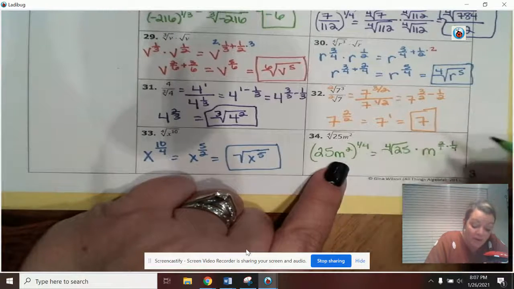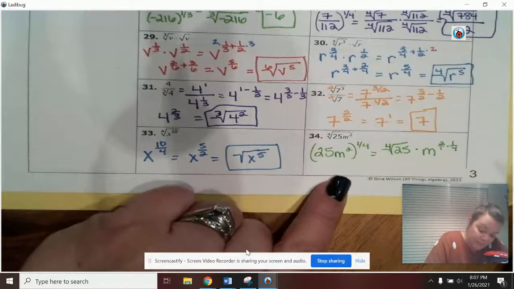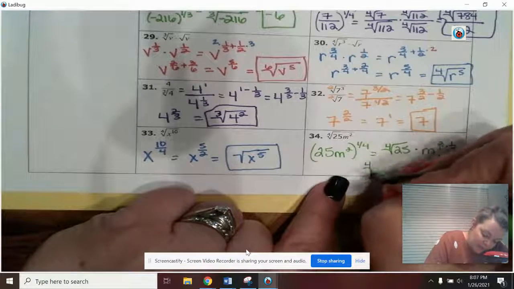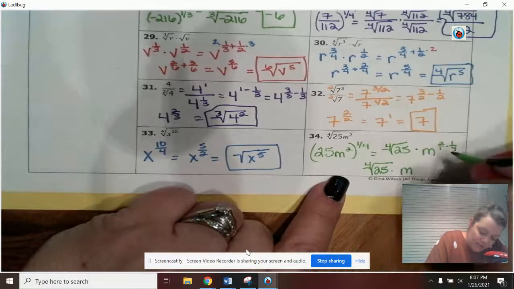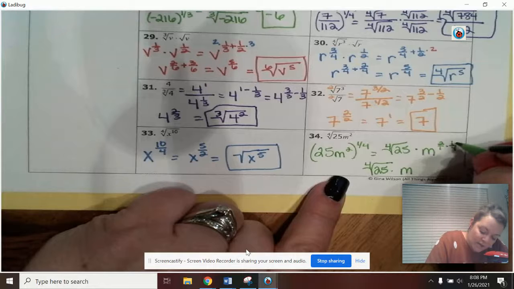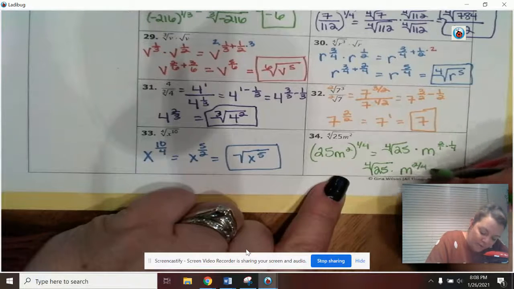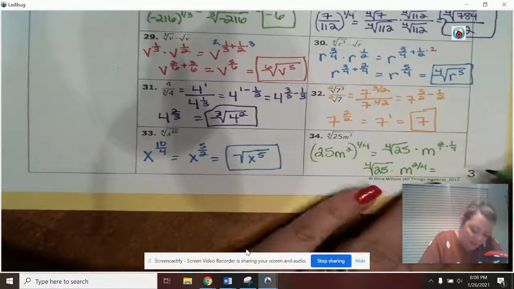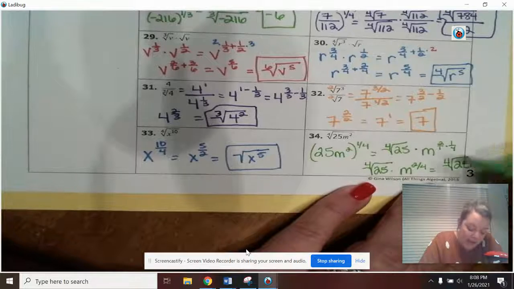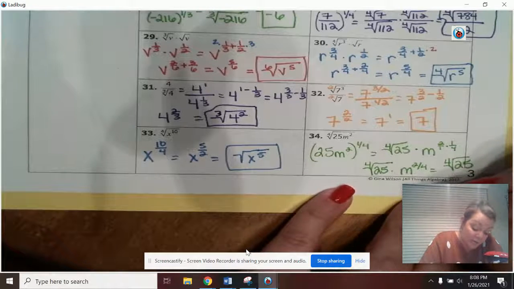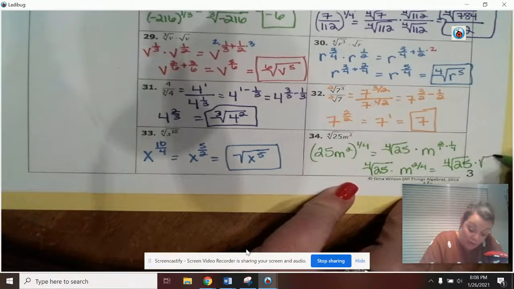Base to a power to a power, so you multiply them. That's 2/4, which leaves me with the 4th root of 25 and m to the 2/4, which I know is really m to the 1/2, which is really the square root of m.